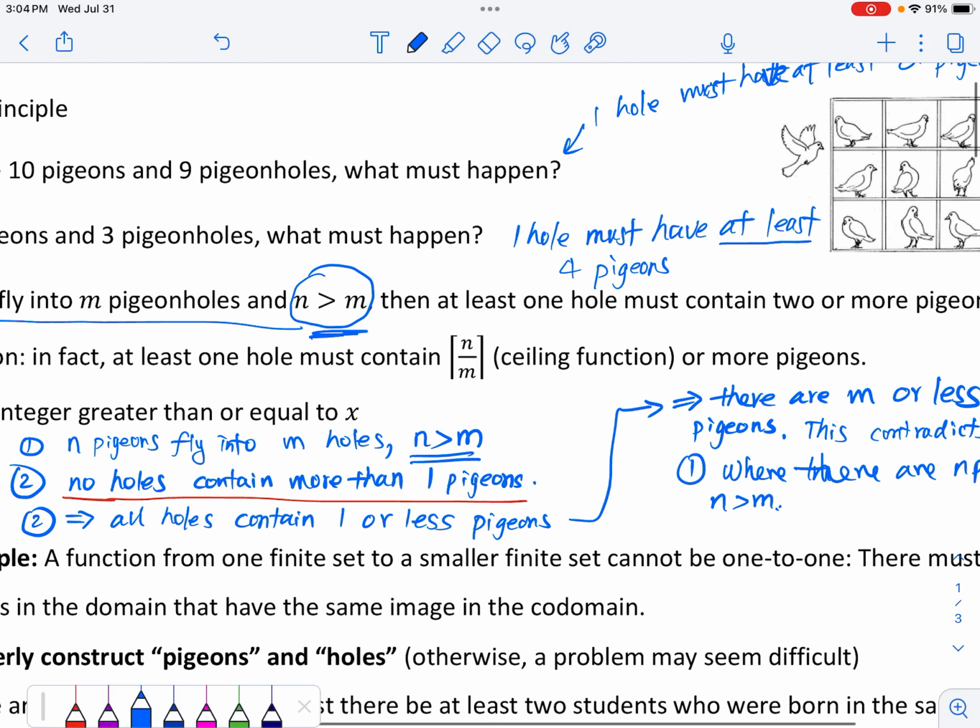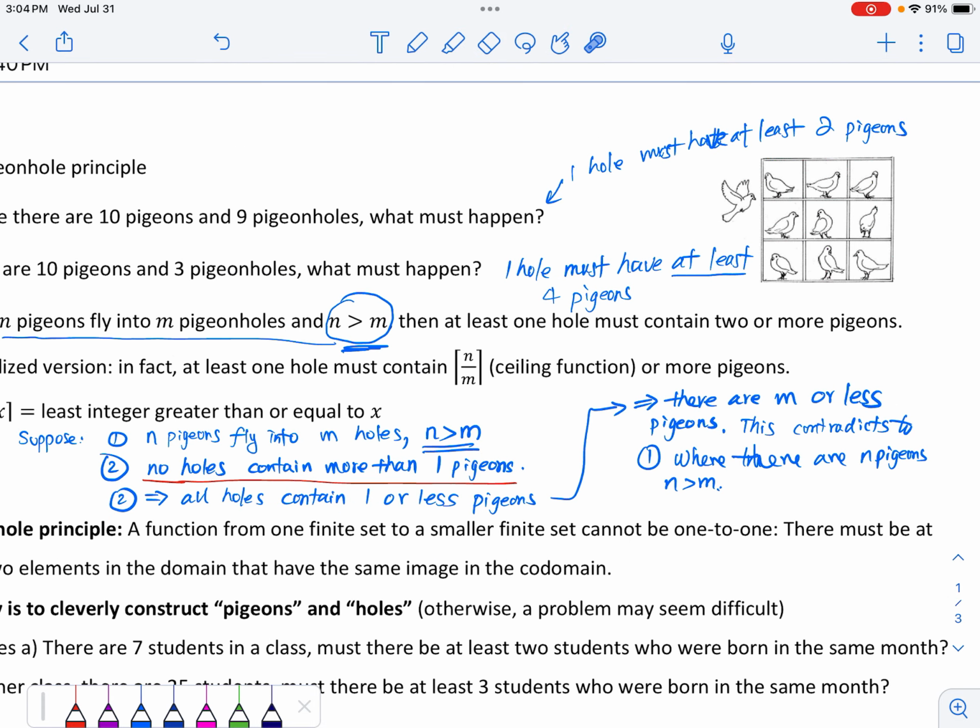Now, earlier we talked about 10 pigeons into 3 holes. So in this case, n is 10, m is 3. When you find the ceiling of 10 over 3, which is 3.3 repeating, you're rounding up to the next integer, which is 4.